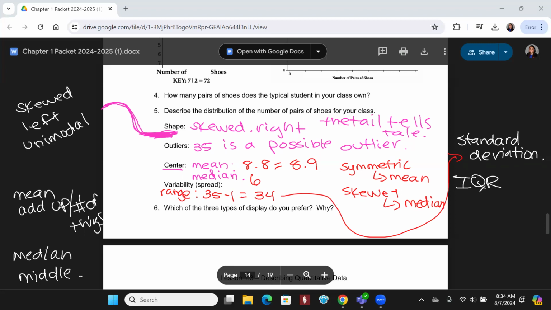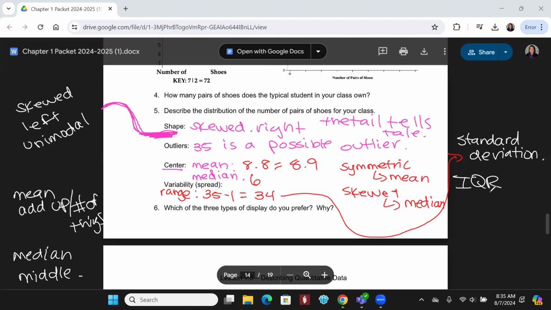It's 25% of the data. Okay, it's actually 50% of the data. The IQR, we go from Q3 minus Q1, right? It's that middle piece. 25% of the data is on the outside of the IQR on both sides.